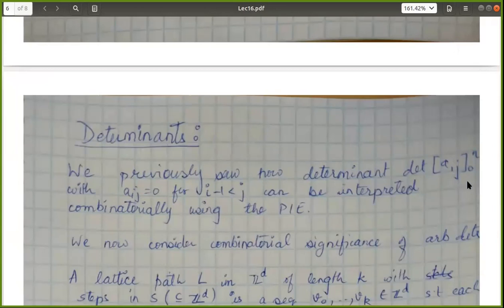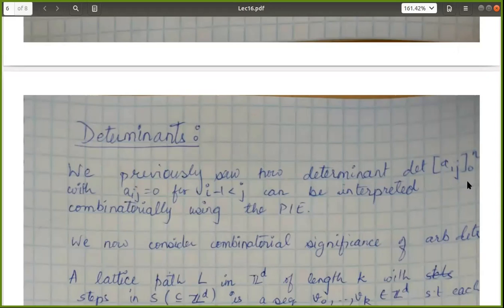Remember, the ijth entry was given by Fij plus 1, and Fij plus 1 had the property that whenever i was less than j, it was 0.